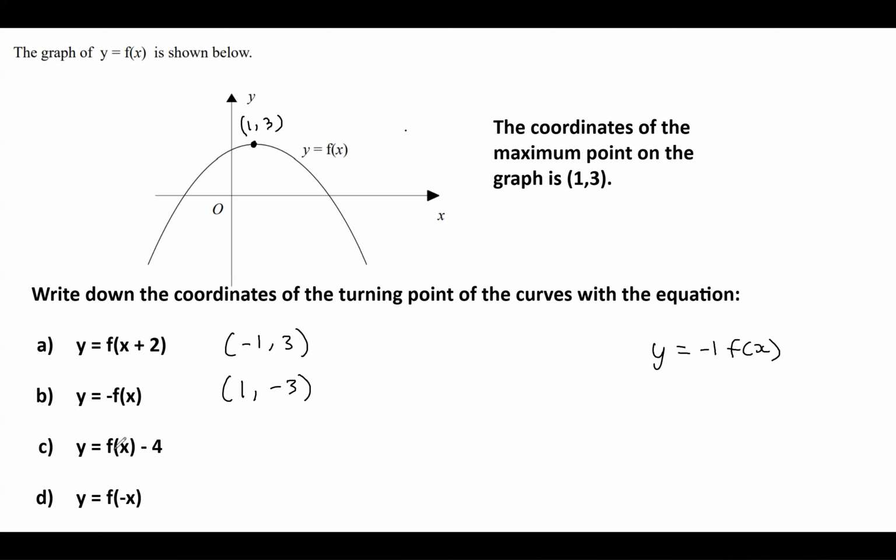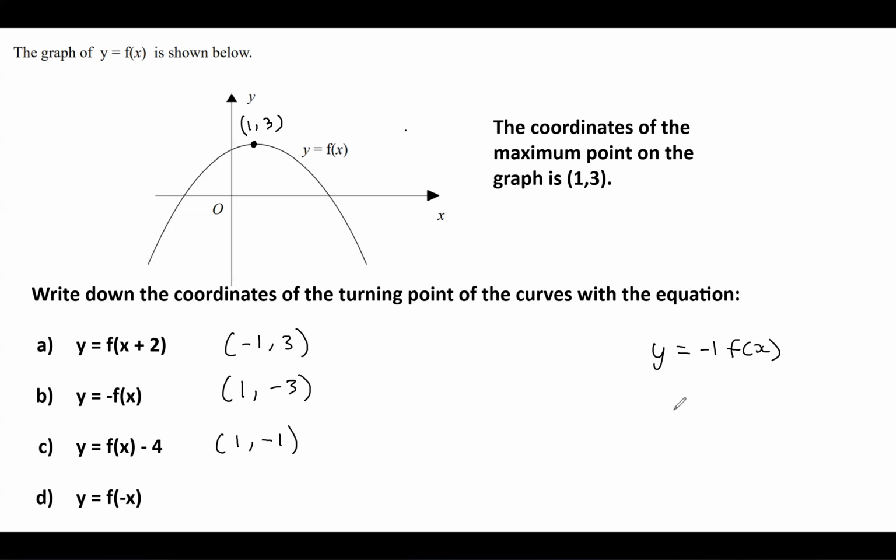And now we have y is equal to f of x minus 4. So again, the minus 4 is on the outside. So we are now going to subtract 4 from our y coordinate. So that is going to leave us with 1, minus 1. And lastly here, the minus is on the inside, so that's going to affect our x coordinate.